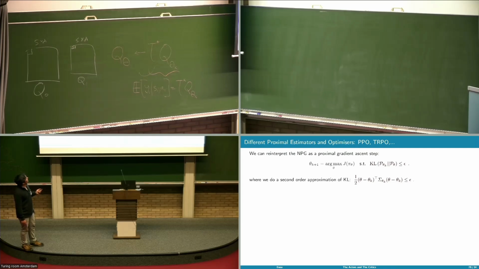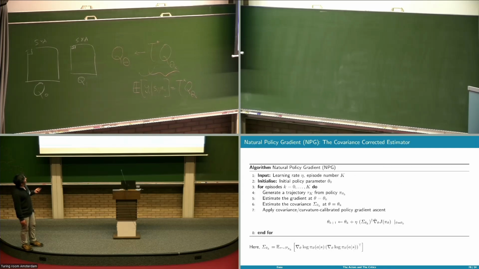Specifically, if you are used to the expression of KL, often people use the second order approximation of the KL, which looks like theta minus theta k transpose sigma at theta k, theta minus theta k. Okay. So if you use this constraint, put a Lagrangian, and find the first order step of this, you find exactly this one.